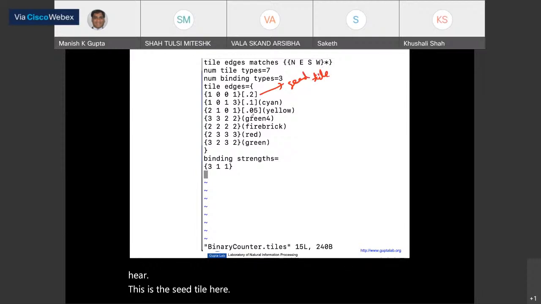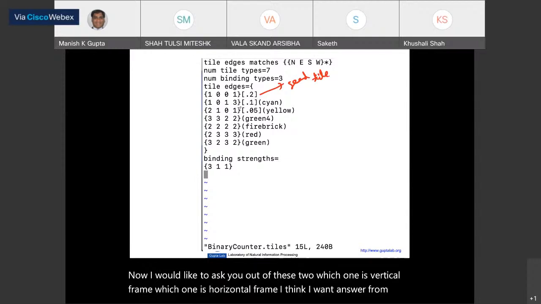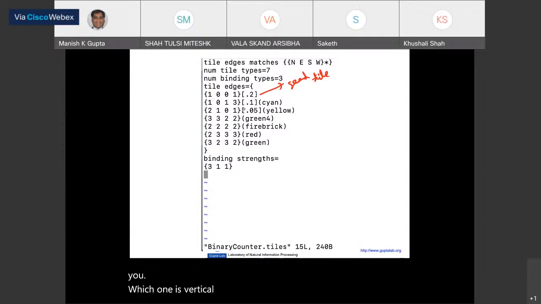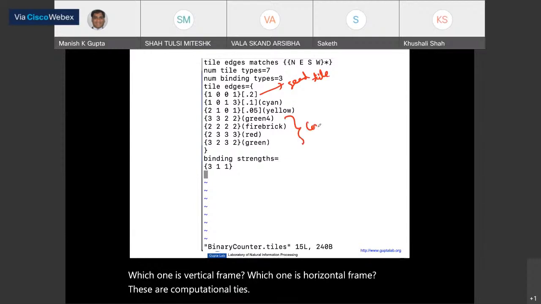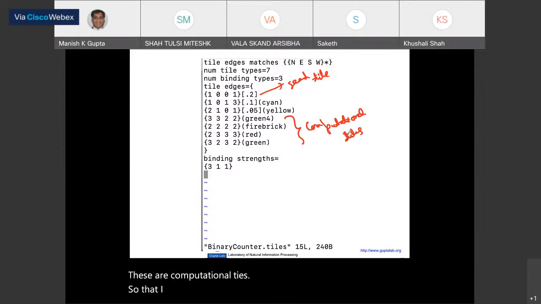Now I would like to ask you, out of these two, which one is the vertical frame, which one is the horizontal frame? I want an answer from you. These are computational tiles. I just want to make sure that you understood it. So there are these two tiles.